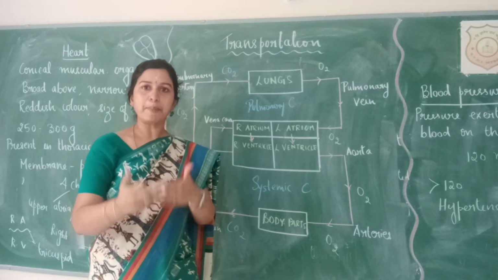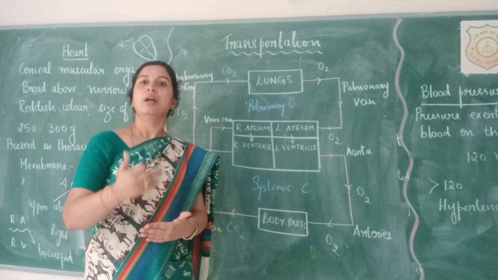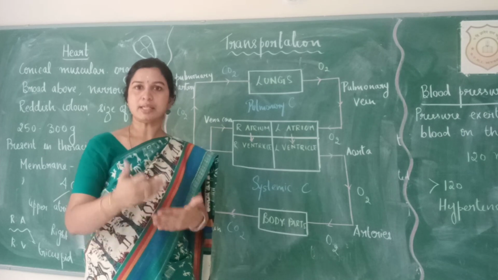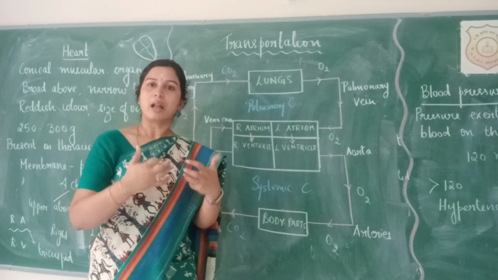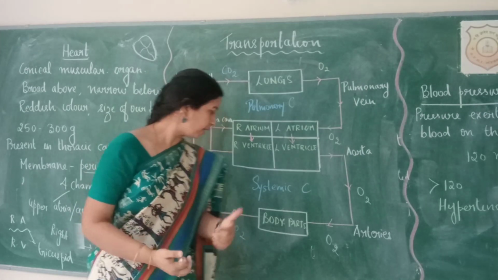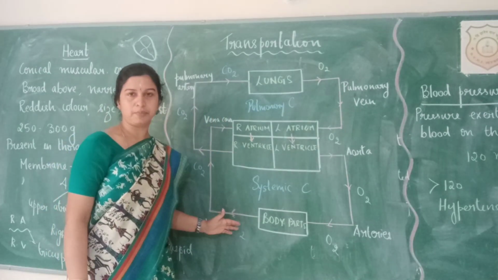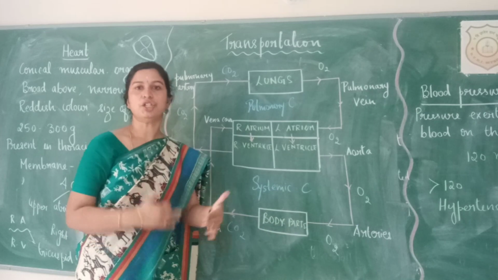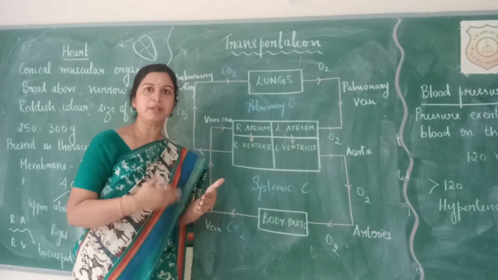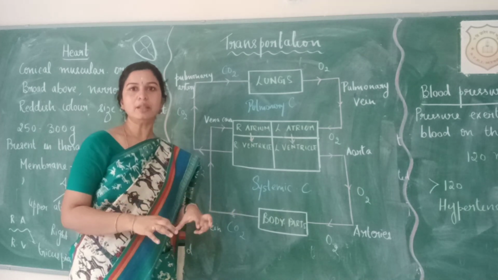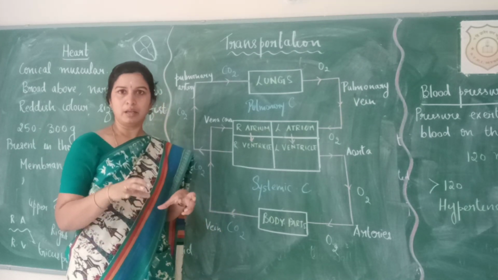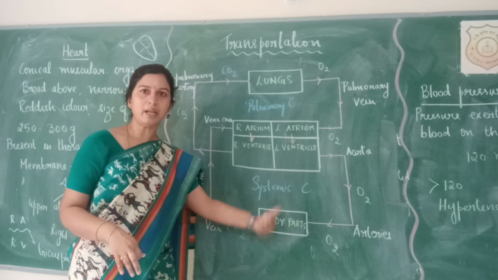The capillaries will exchange oxygen as well as other materials, and then absorb carbon dioxide, and the carbon dioxide from the capillaries will move to veins. So after the exchange which happens inside the body cells, the blood is filled with carbon dioxide and other substances. Oxygen is entirely utilized.